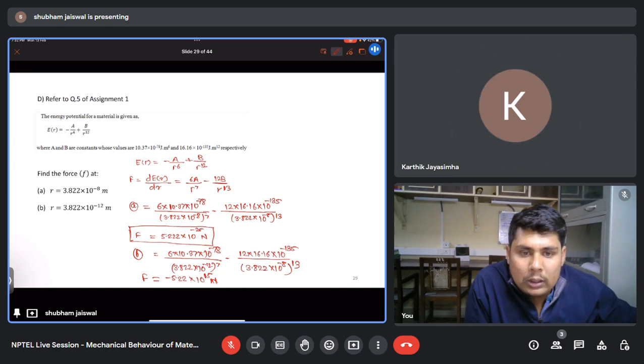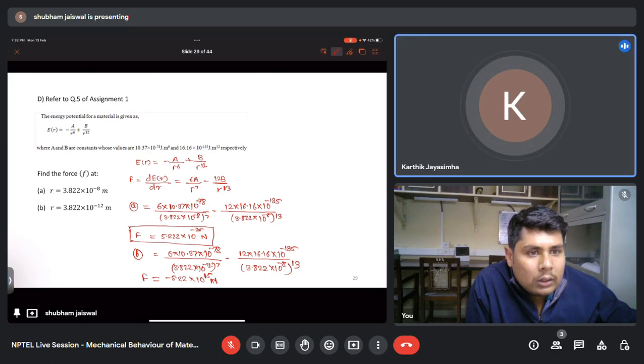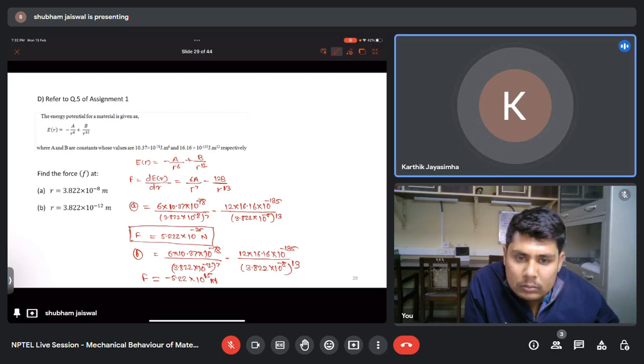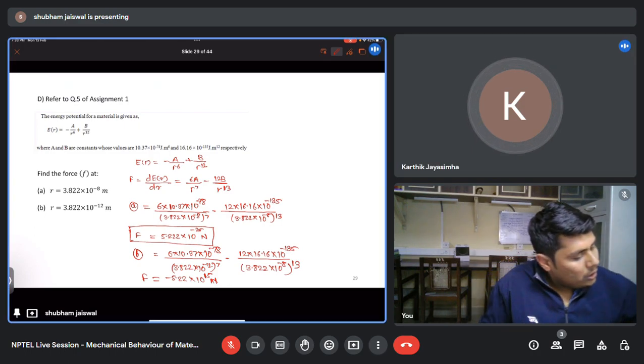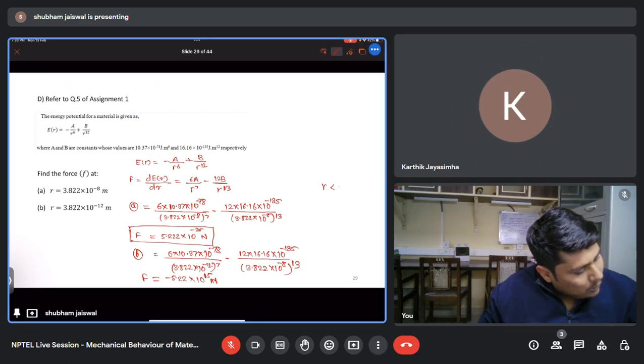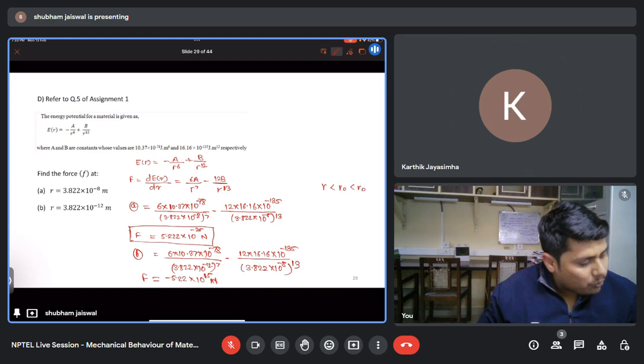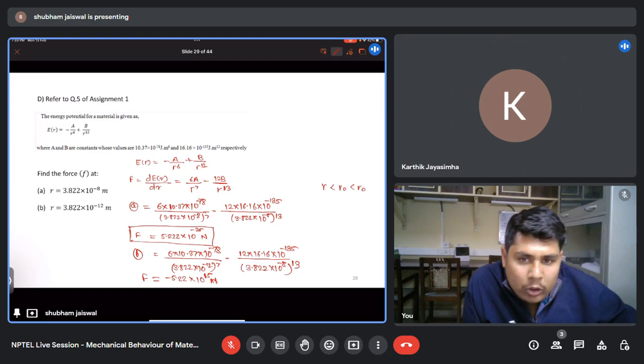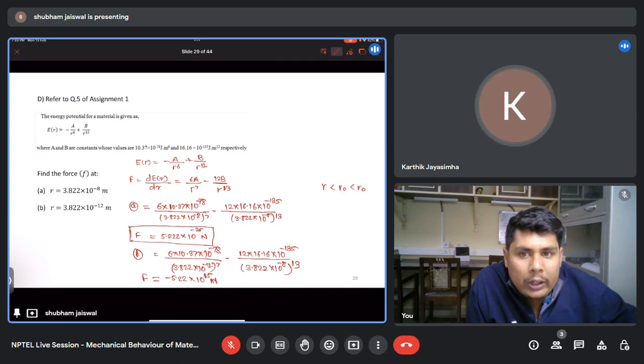Are you saying anything, Mr. Karthik? Yes, that's what I was telling: with the increase in R, R naught is the equilibrium distance. At R naught, our force should be 0, that is d epsilon by dr is equal to 0, so you can find R naught also. Can you calculate and tell me how much it is?